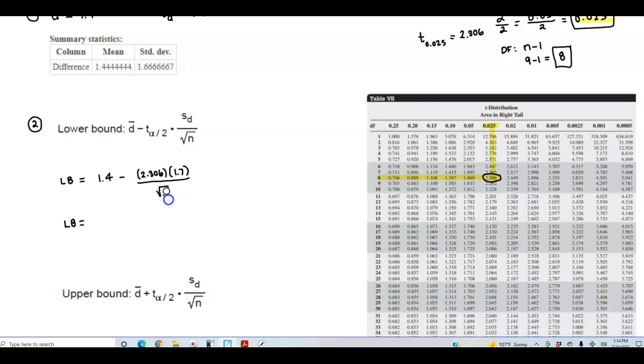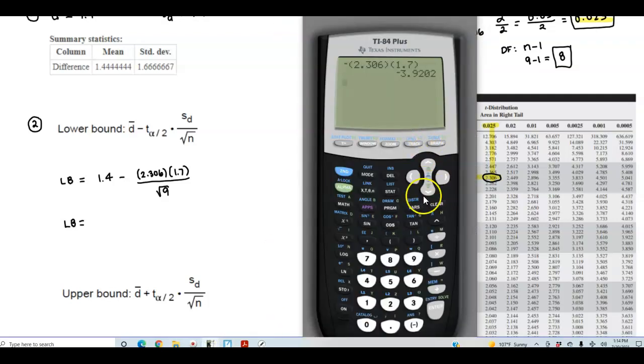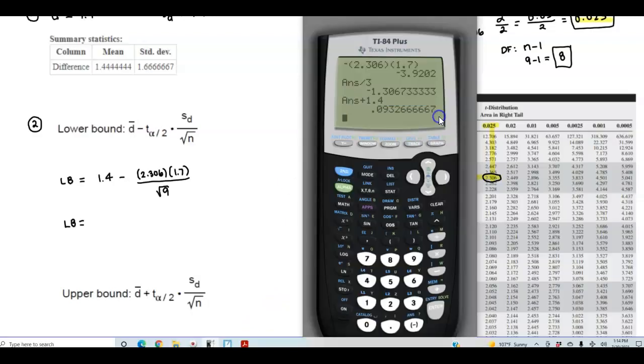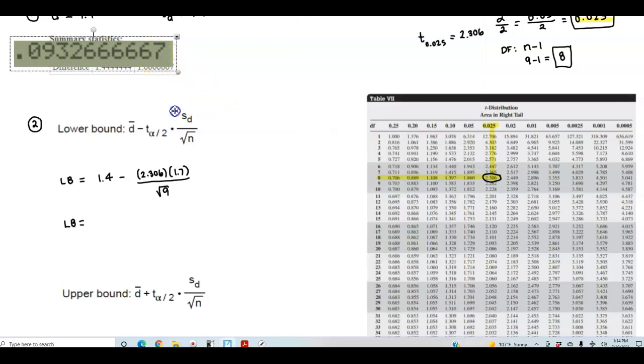That should be the square root of 9, which gives you the value of 3. So we can divide this by 3. And then we're going to add the 1.4. So plus 1.4. Okay, so therefore there is our result.